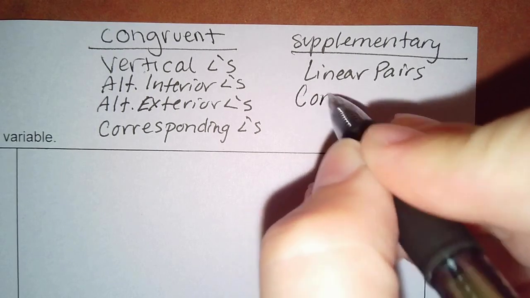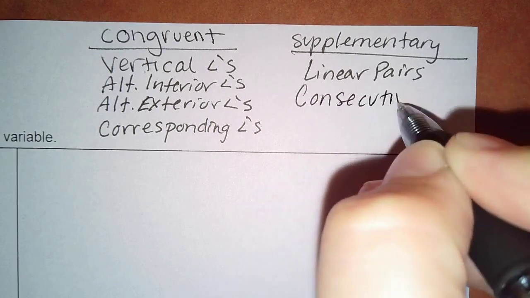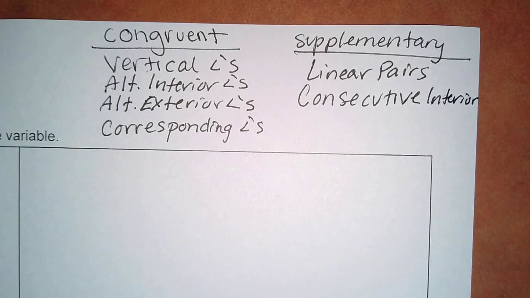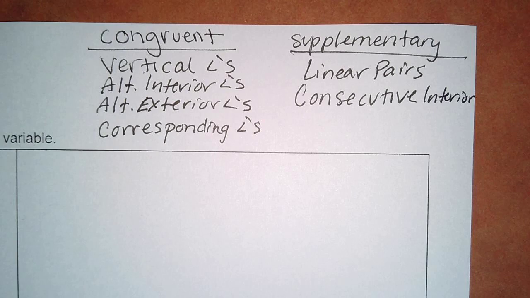Consecutive interior. Is there such thing as consecutive exterior? No, because exterior angles can't be consecutive. They're divided by that transversal. Good question, though. There is not. So we've listed all 4.